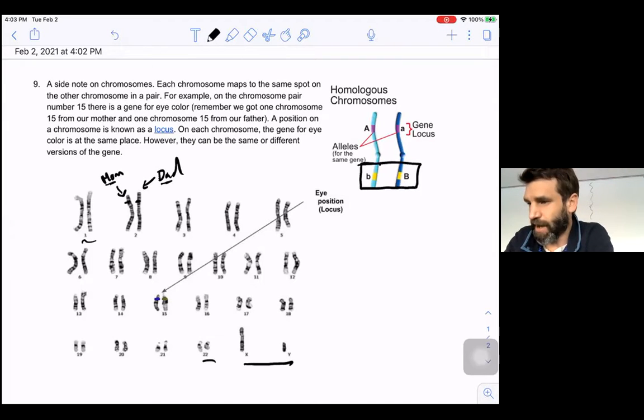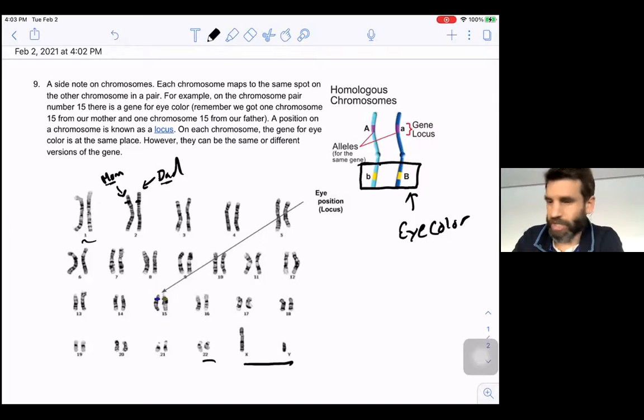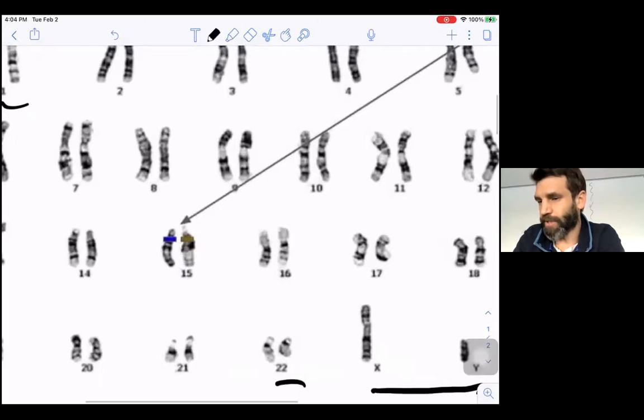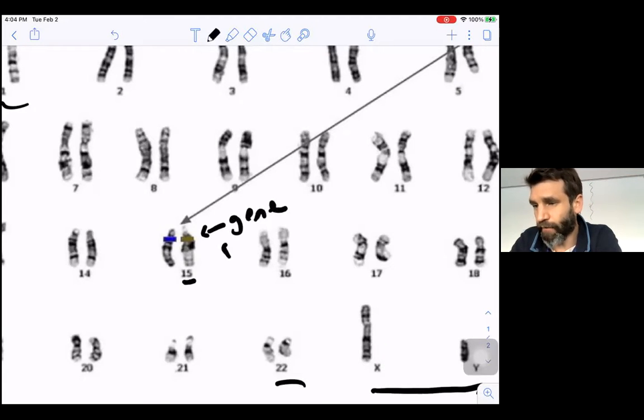And this gene here maybe is for eye color, potentially. And what we show is that maybe if we blow up, we know actually in humans that on chromosome 15, there is a position or a locus, which means a spot on the chromosome, that is the gene for eye color.